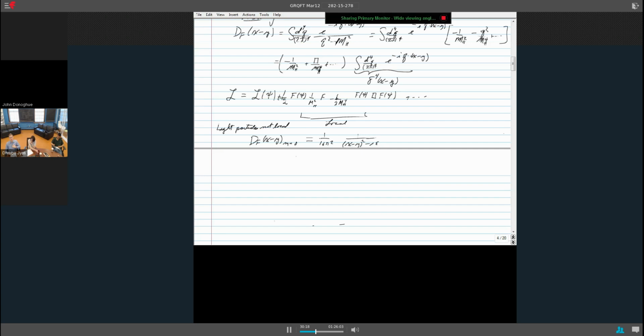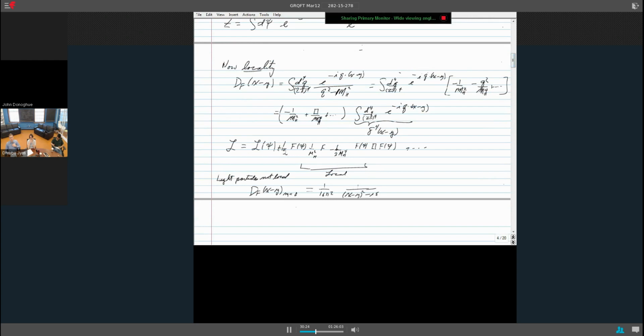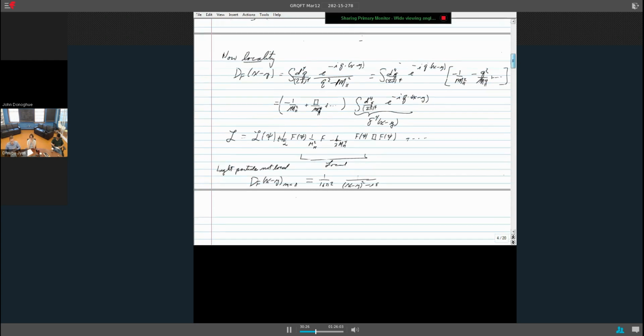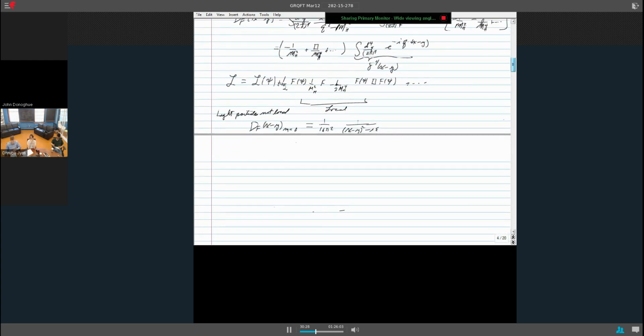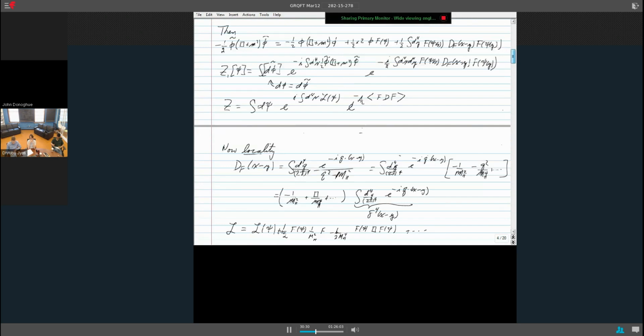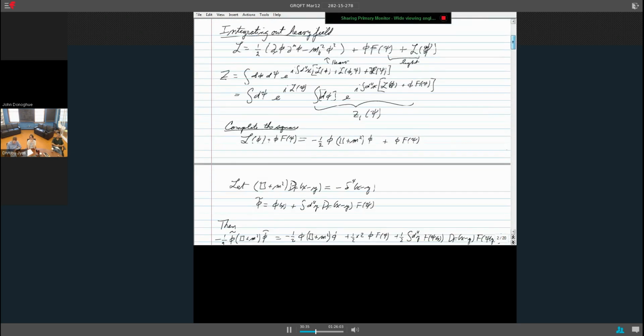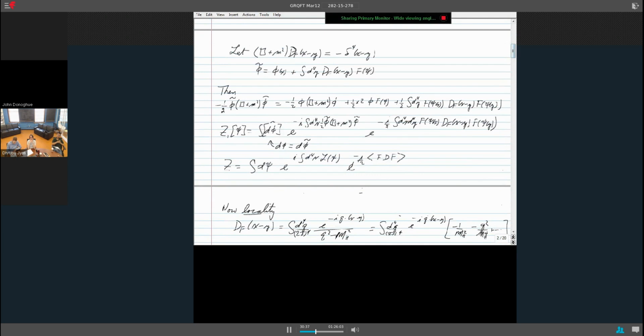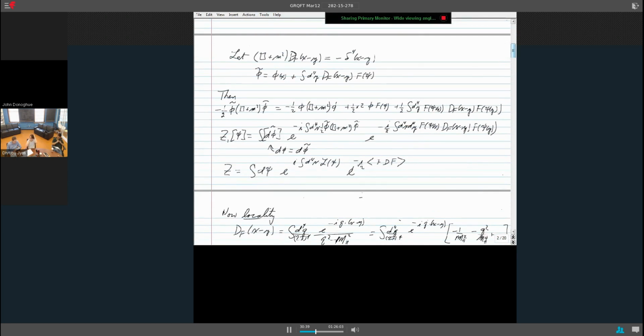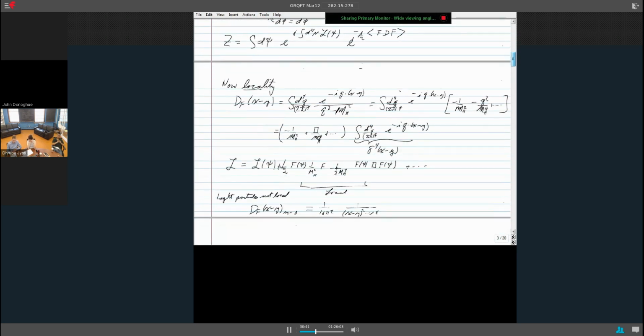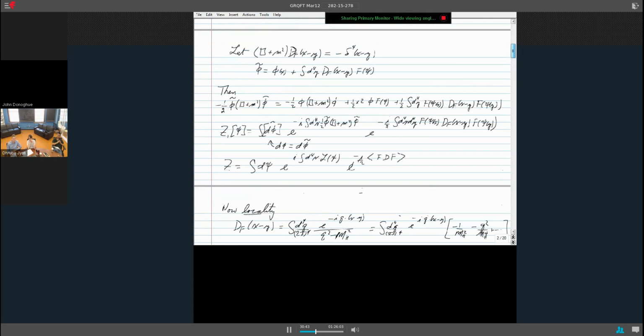So you just set m equals 0 above. It turns into 1 over 16 pi squared, 1 over x minus y squared minus I epsilon. So it just depends on the invariant distance squared, but it's certainly not local. You could integrate it out, but you don't get anything local.